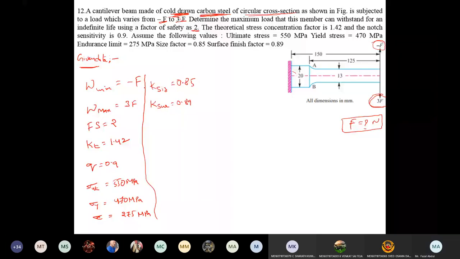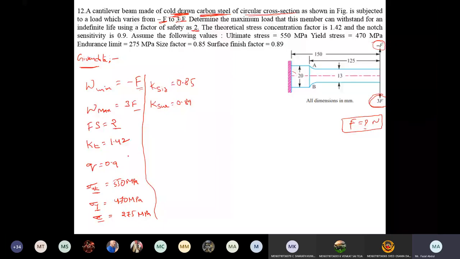So observe the given data here. Factor of safety is given, and ultimate tensile strength, yield strength, endurance limit. So these stress values are given. We can calculate the force value with the help of the Goodman relation and the Soderberg relation.